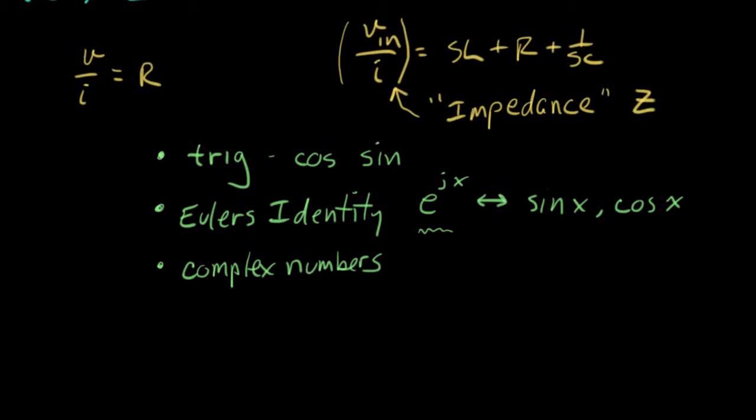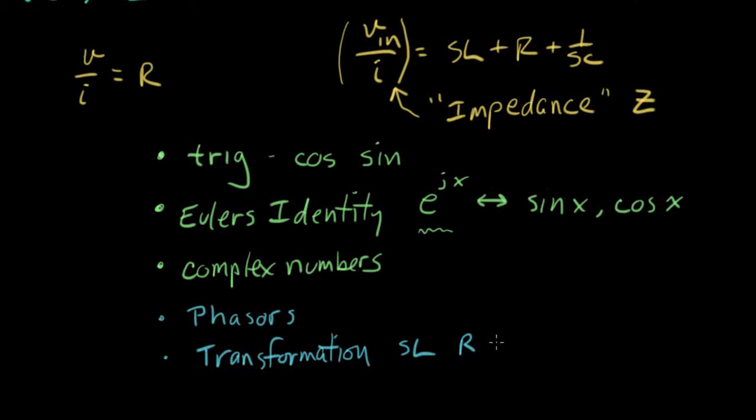And then we're going to move on, and after that, we'll define these phasors. Then we'll look at the transformation, so that's SL and R and 1 over SC.